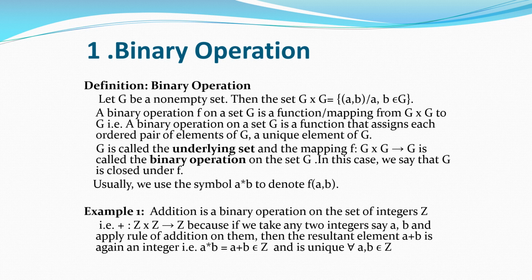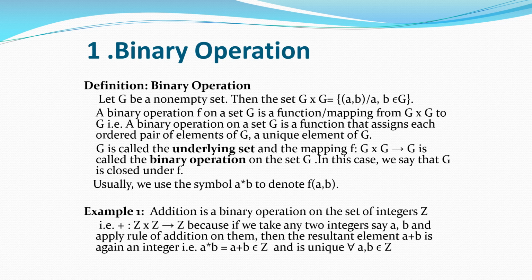Then G cross G is nothing but the Cartesian product of G with itself, so it contains all the pairs (a, b), where a and b both are members of G. Now, if we define some function f from G cross G to G itself, it means we apply that function f on every element (a, b) belonging to G cross G. Then whatever f applied on that (a, b) gives is a unique element of G. Then we say that f is a binary operation on that set G.